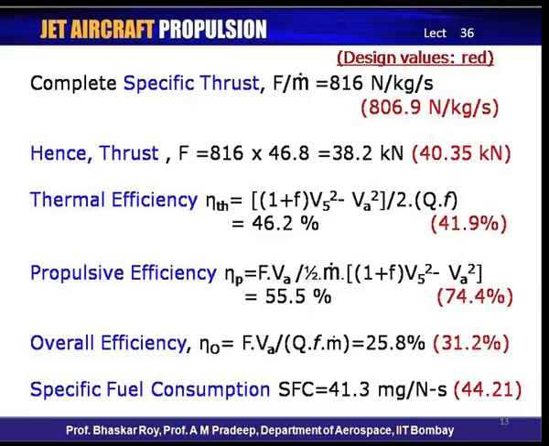So, both numerator and denominator are per unit mass flow, in the sense the mass flow cancels out, and as a result we get a thermal efficiency of 46.2%. Now, again mark here that this thermal efficiency is indeed a little more than the thermal efficiency of the engine at design point.